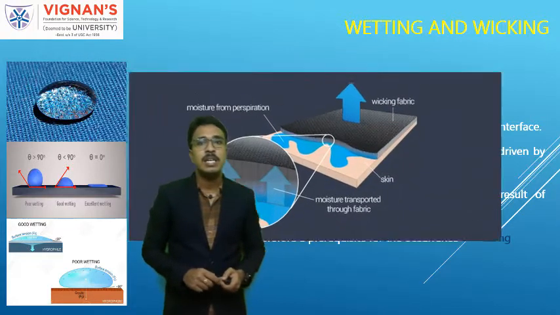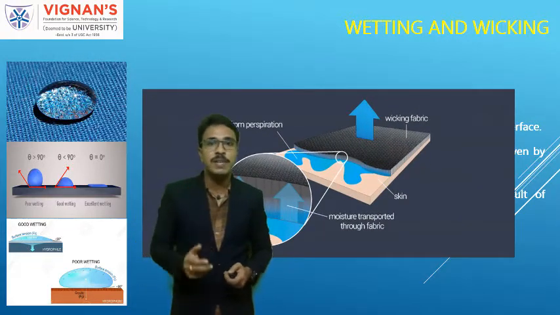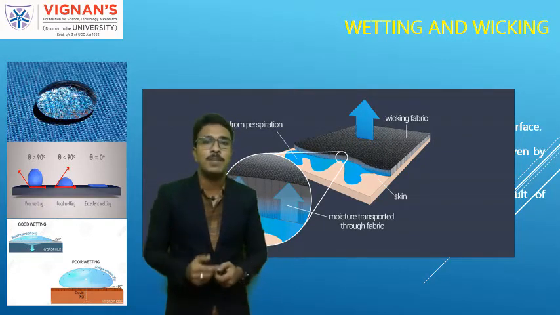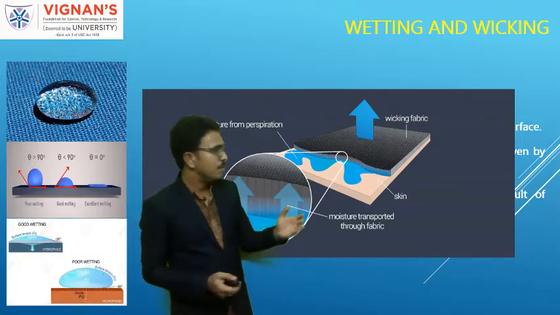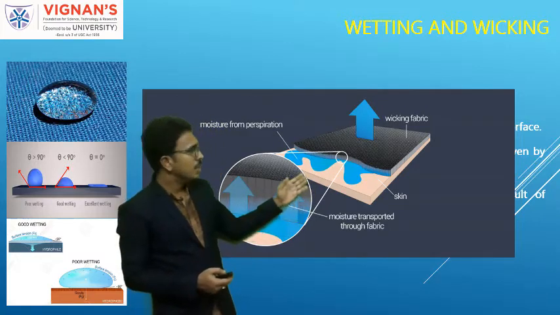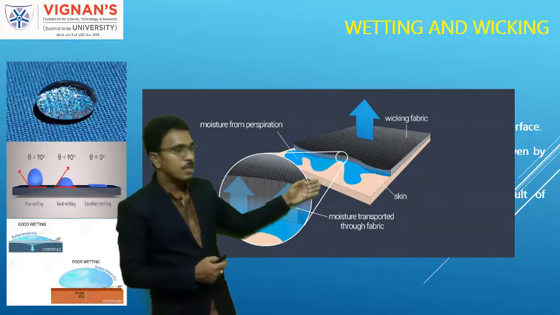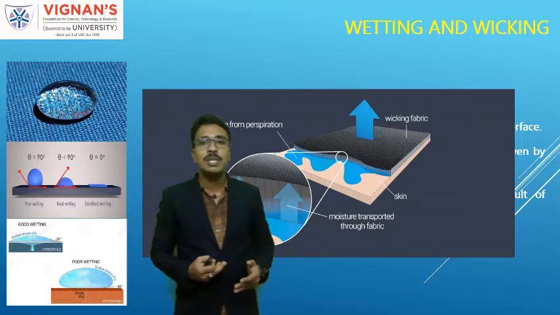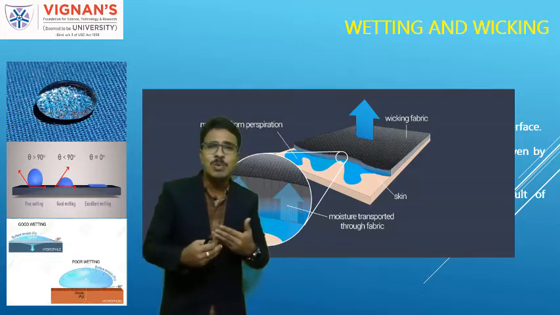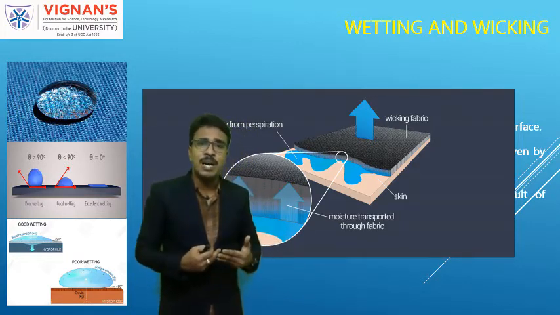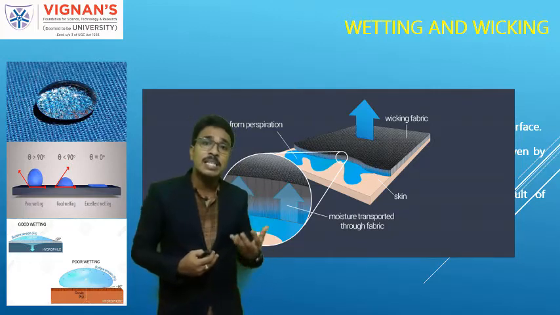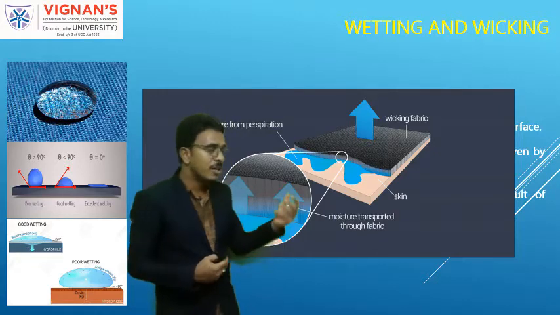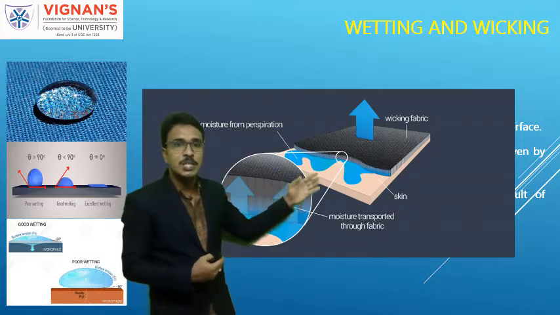Okay, and here you can also see the wicking phenomenon. For example, from this image you can see the skin, and whatever activities we do, some amount of heat is generated. How will the heat escape? It will escape in the form of sweat. The blue color is nothing but the sweat.